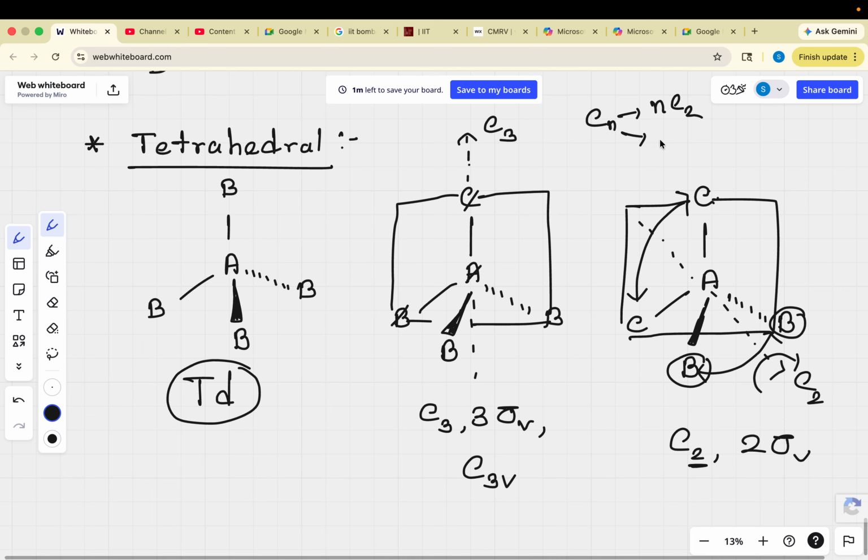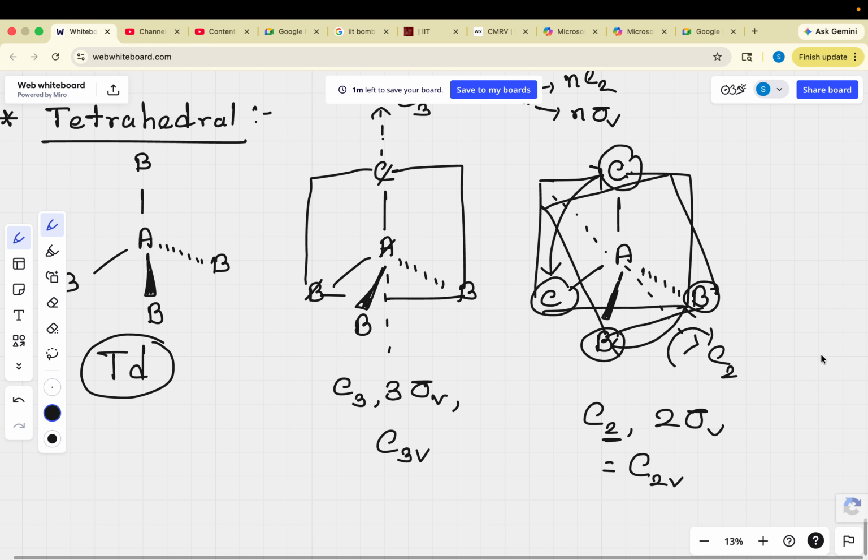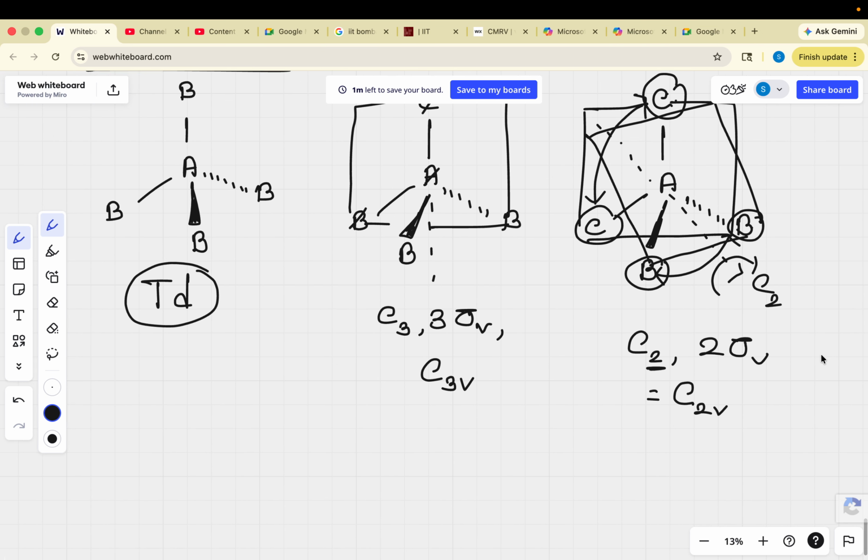If you are able to find one sigma v, you will have n number of sigma v. So this is one sigma v, and the other sigma v will be along this B, A, B. Other sigma v is like this. That time this C atom and this C atom become mirror images. So you have C2 and 2 sigma v, that corresponds to the C2v point group.